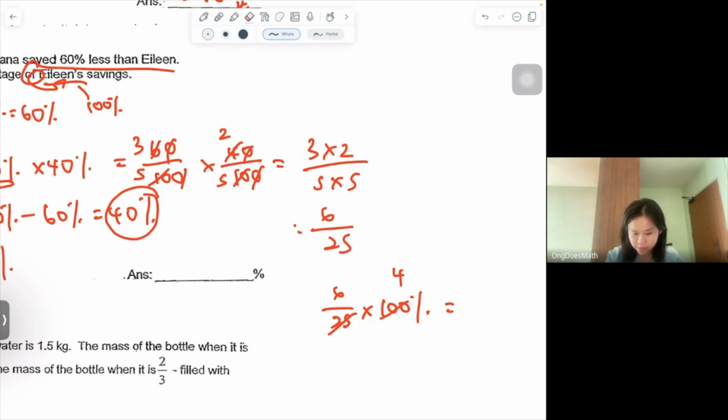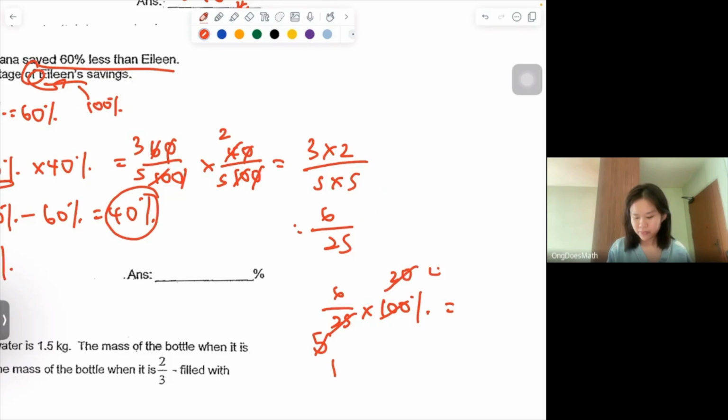Both are divisible by 5, right? 25 divided by 5 gives you 5. 100 divided by 5 gives you 20. Then 5 divided by 5 gives you 1. 20 divided by 5 gives you 4. So now you have 6 times 4, which is 24%. And hence the answer is 24%.